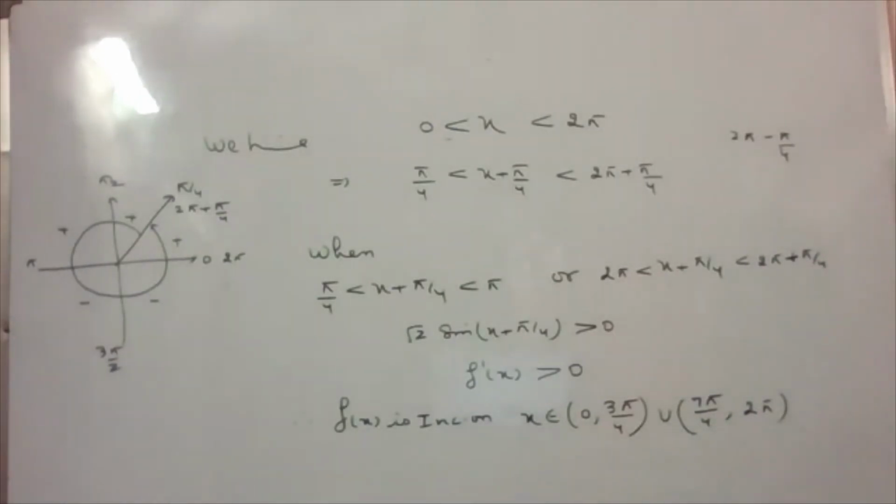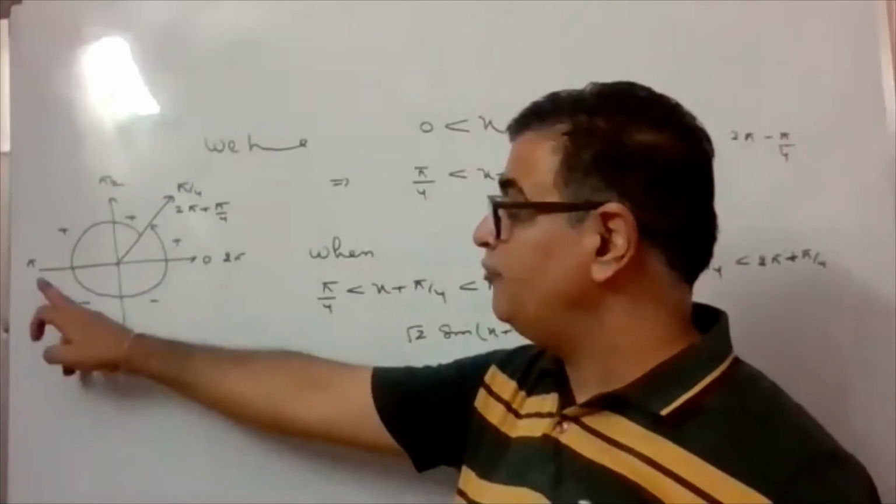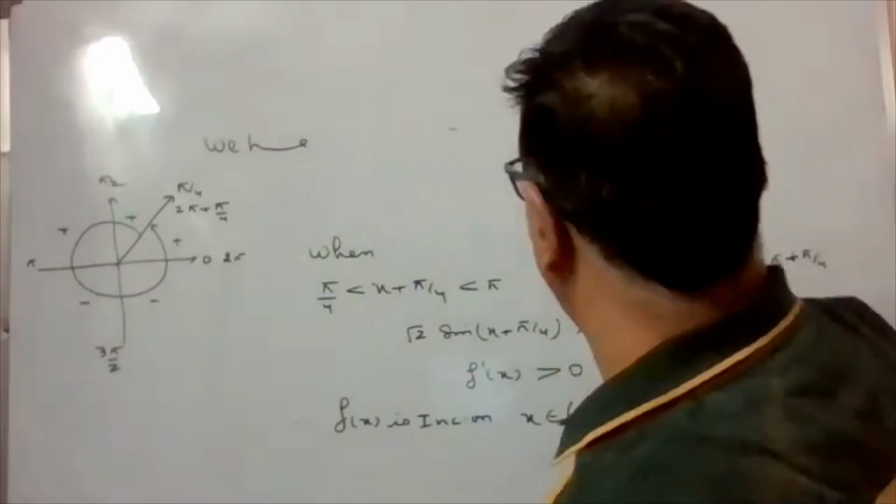Now we go for the second case, when it is minus. Minus will be from pi to 2 pi. So we start with the second part.